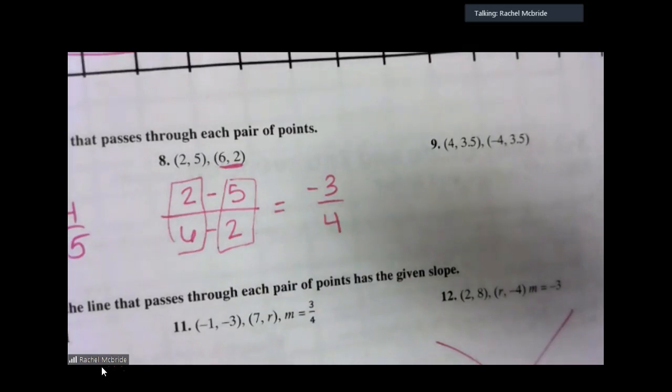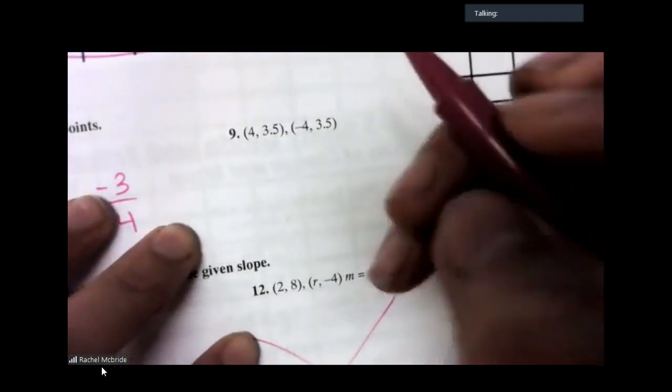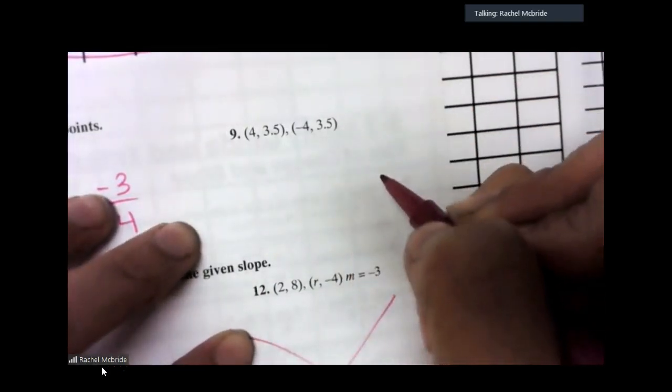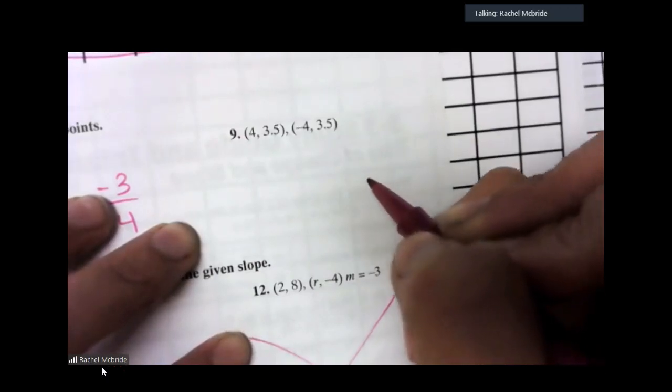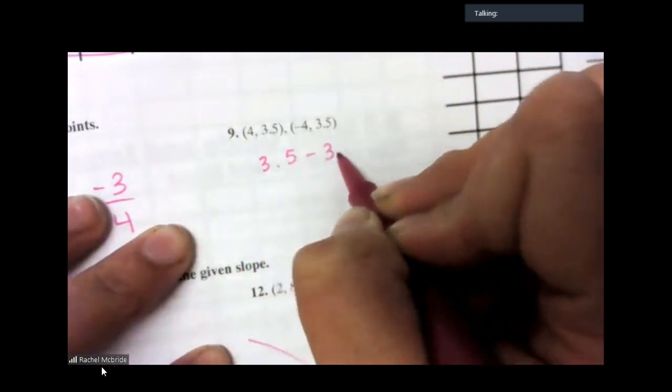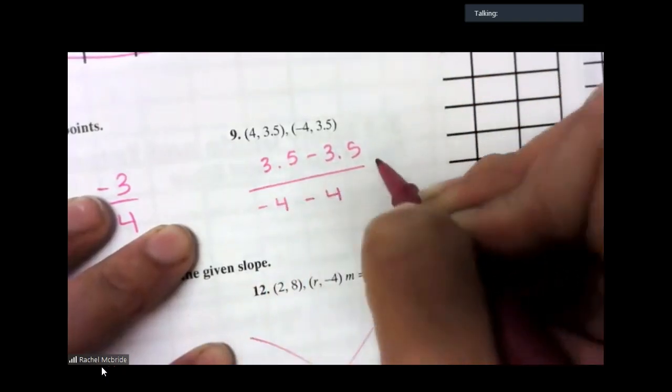They're talking about number 9. Oh, okay. Yes. So what's your final answer? I also have 0. Do you need a calculator?